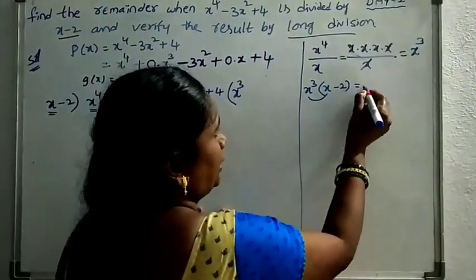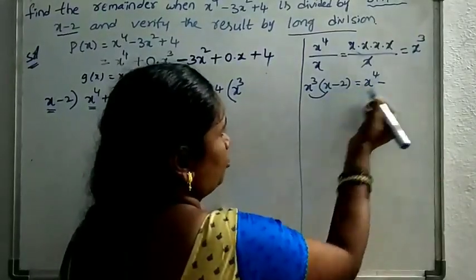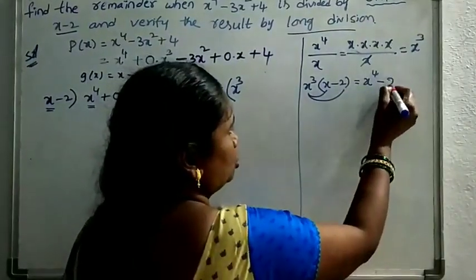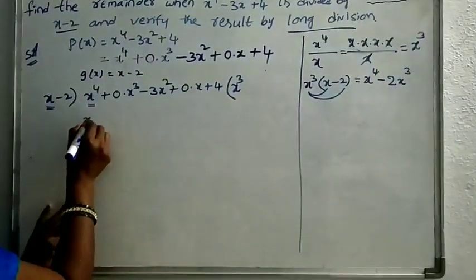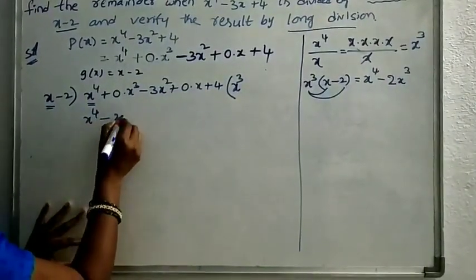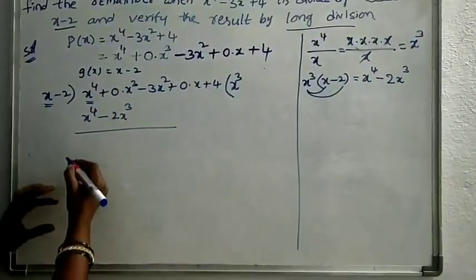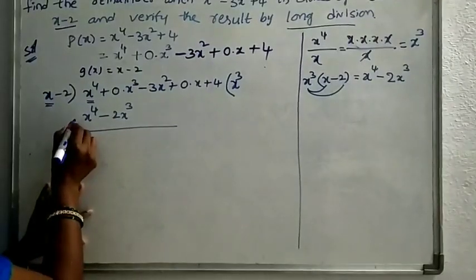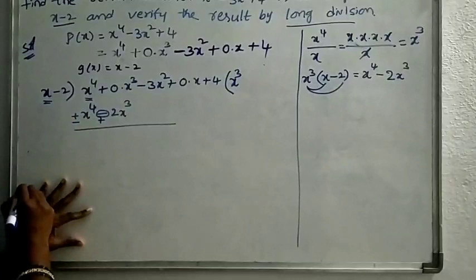So x cube into x, it is x power 4. Minus we have minus x cube into 2, 2x cube. Now this x power 4 minus 2x cube under the dividend, what we have to do? Subtraction means sign will be changed. Minus will become plus, plus will become minus.